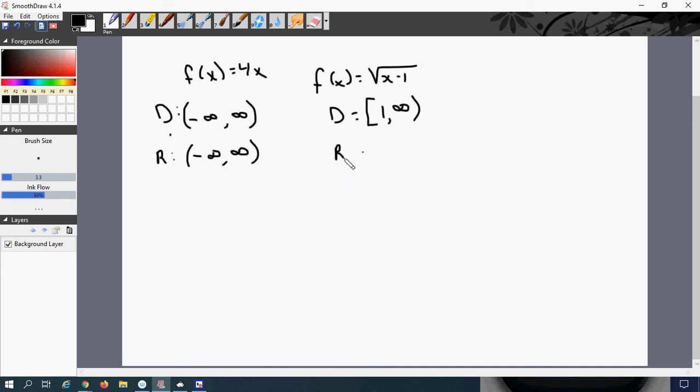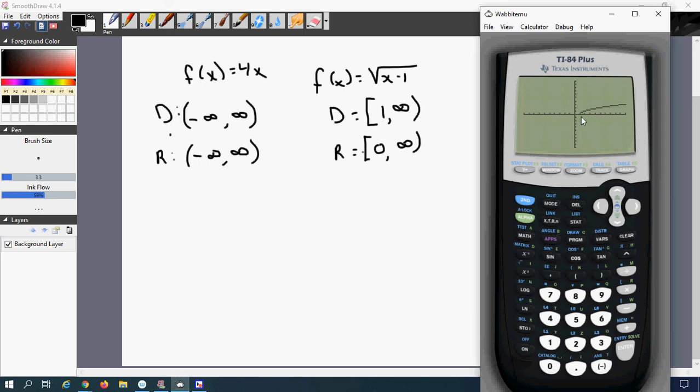And then for the range, it starts at 0 and goes to positive infinity, because you can see that in the graph as well. Here it starts at 0 for the y, because there's a y right here. As we keep going up in this direction, this curve is going to continue to go up, up, up. And so y goes to positive infinity.